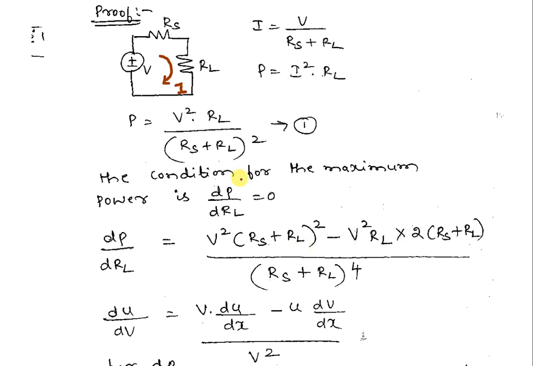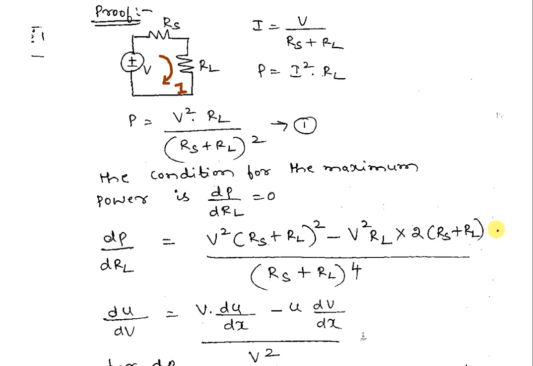Next, minus numerator V square into RL, into the denominator differentiation. The denominator is (RS plus RL) whole square. Differentiation of this square is 2 times (RS plus RL). Again, differentiation of RS with respect to RL is 0 because RS is constant, so within the bracket you write 0 plus 1, since differentiation of RL with respect to RL is 1.